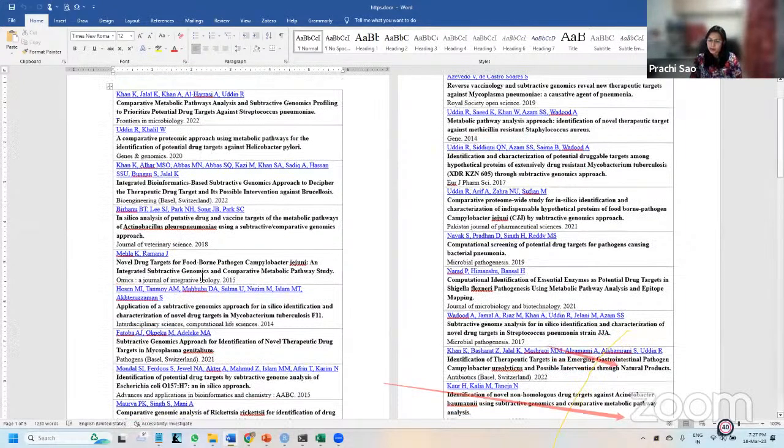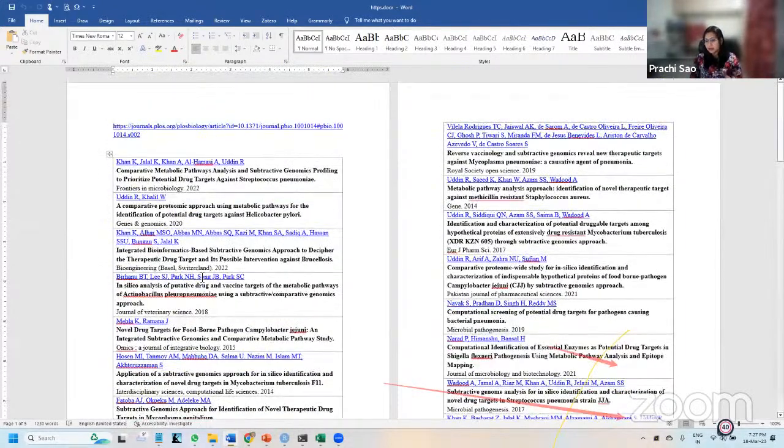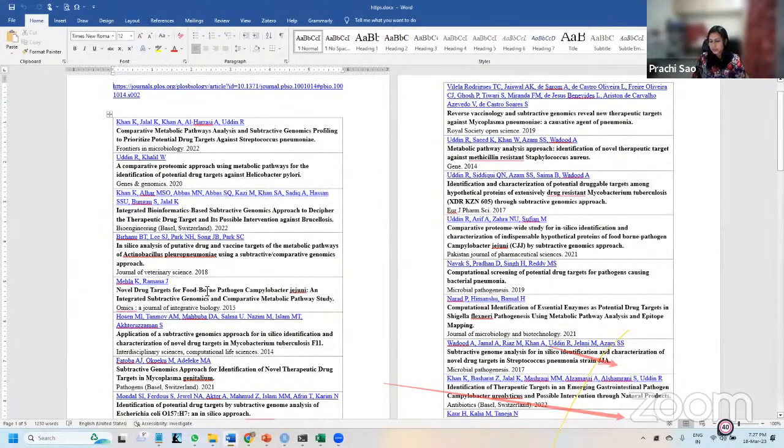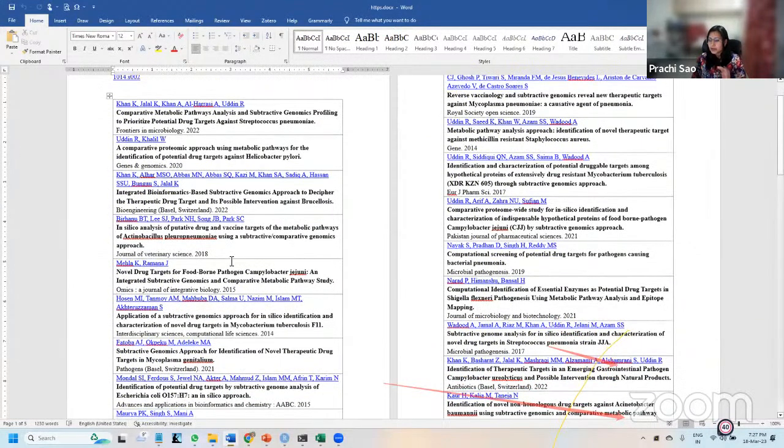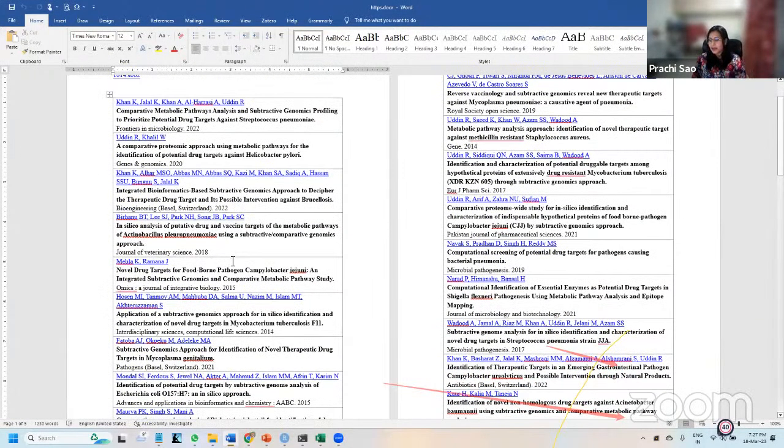There are a number of papers, and till 22 there are papers which are using this approach. A lot of people use this approach for vaccine designing and for identifying common proteins among various bacteria. So if you take a good time to do this work, definitely it can be converted into a good paper.